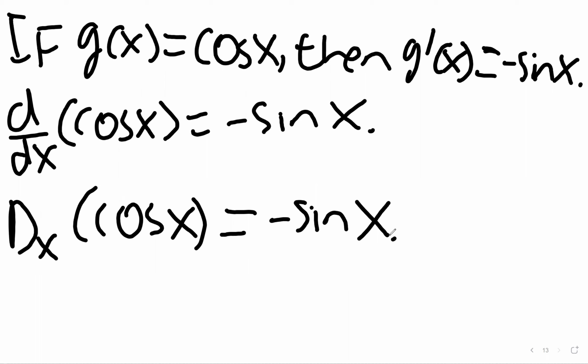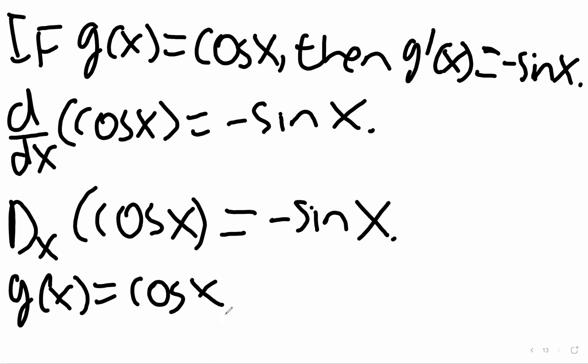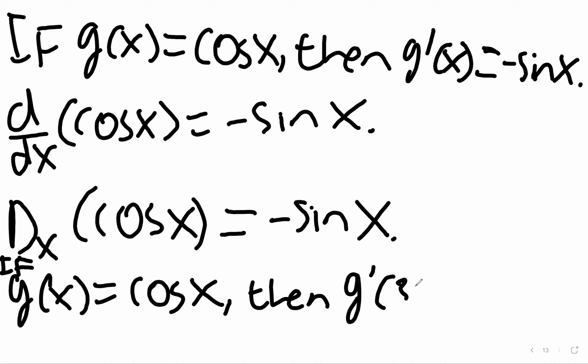Similarly as before, if let's say g of x equals cosine of x, then for a particular case, I calculate, for example, g prime at pi over 4.